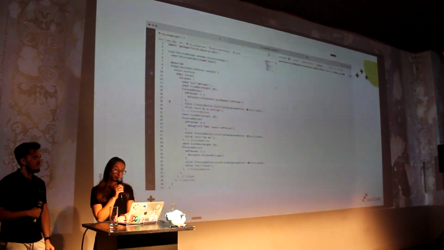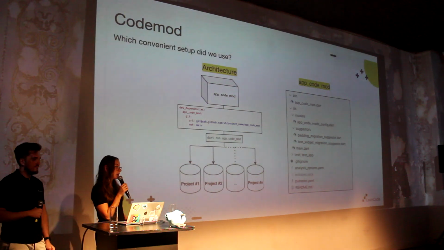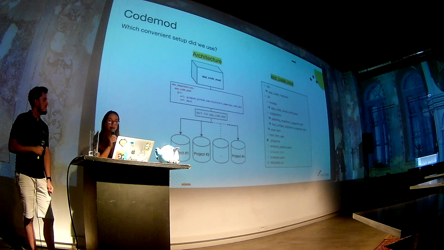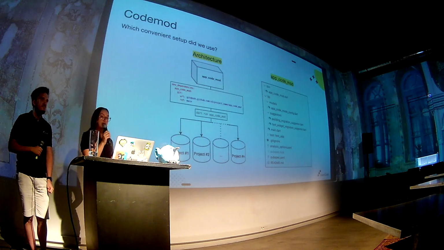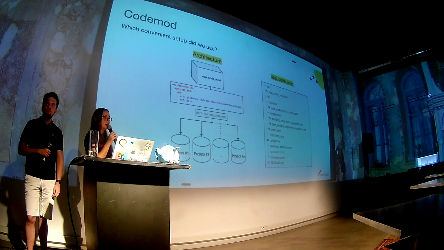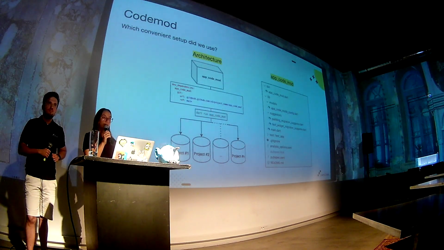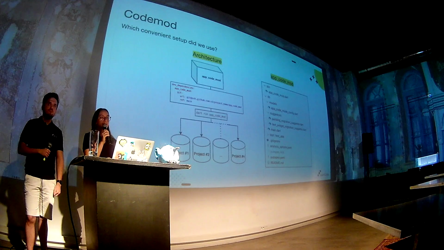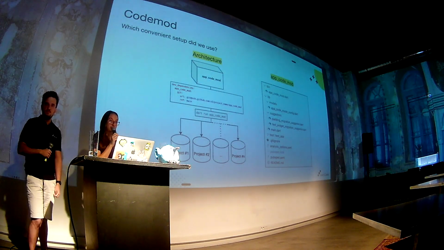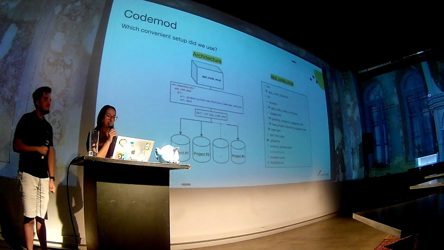So what did we do in the project? Similar to the app links package, we also created a separate repo to house all of our custom suggesters, and then we added it under the dev dependencies in all of our repositories. So now with a single command, we can run the codemod and fix all the issues at once in the entire code base.